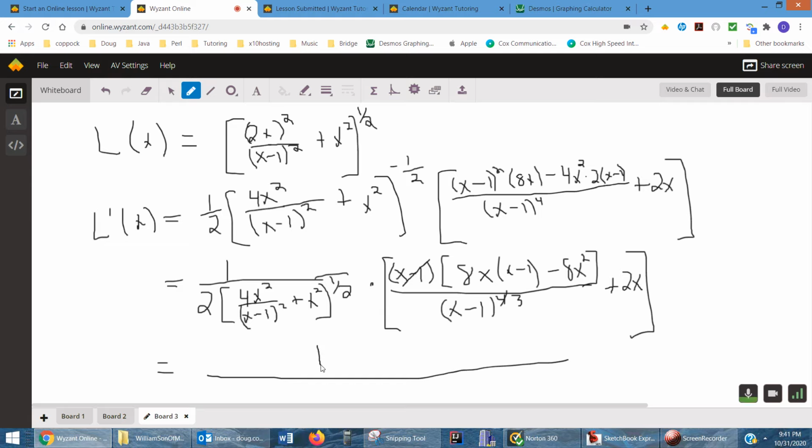But I've got 1 over 2 times the square root of this mess, I'm not going to write it again, times, well, what have I got? 8x squared minus 8x minus 8x squared, over x minus 1, the quantity cubed. And I still have this plus 2x sitting out here.